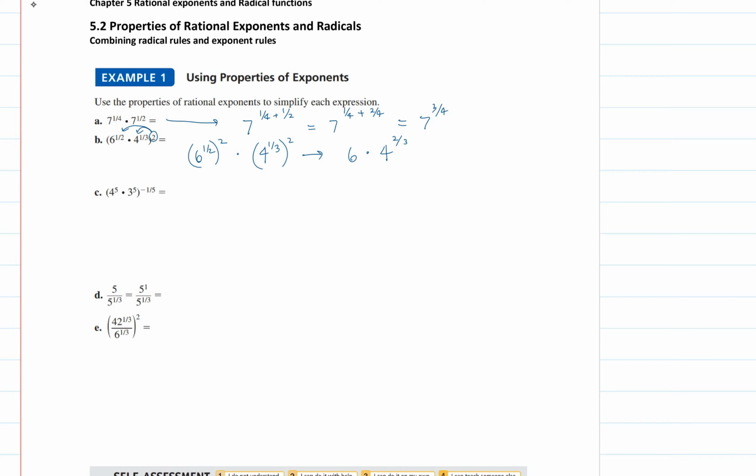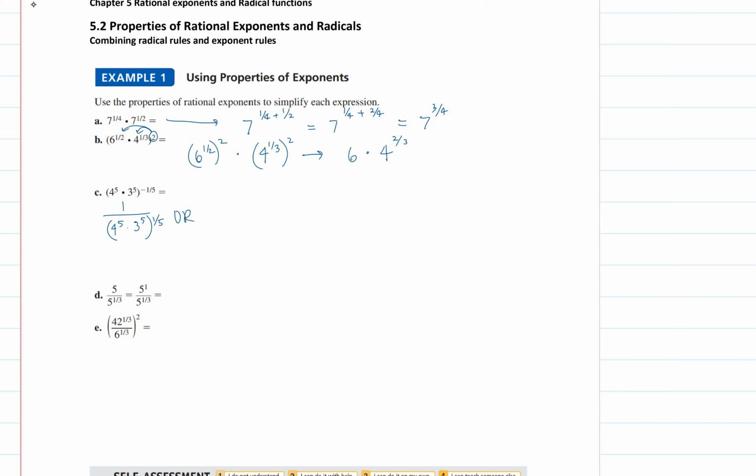Here again, I have a product inside the parentheses, and I have an exponent on the outside. So I can do a couple of things. I could rewrite this as a fraction because that exponent is negative, in which case I would have 1 over 4 to the 5th times 3 to the 5th, and all of that is raised to the 1/5 power.